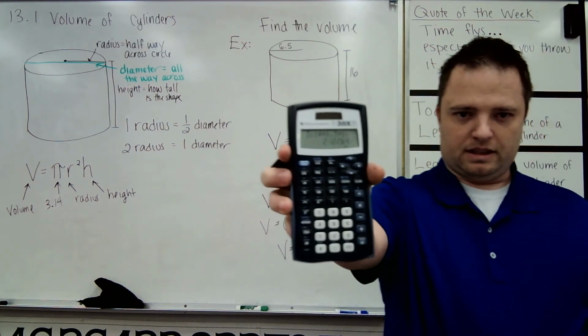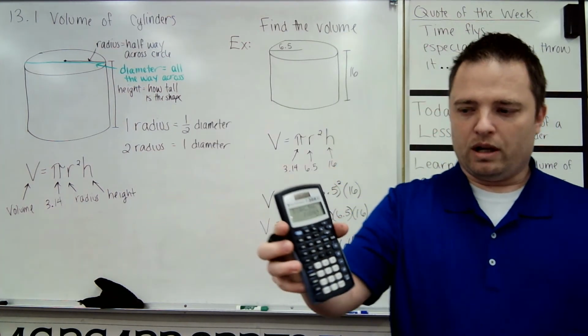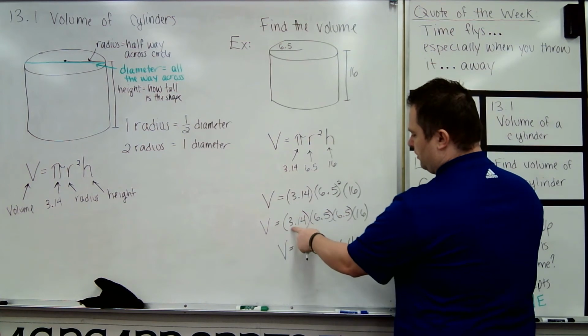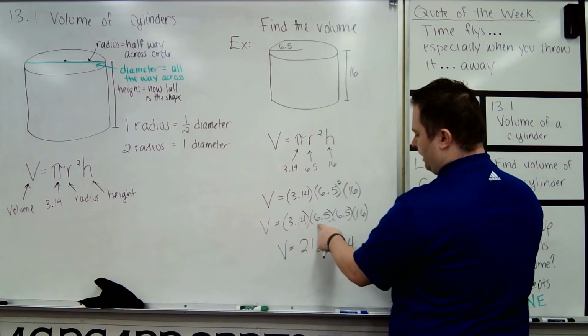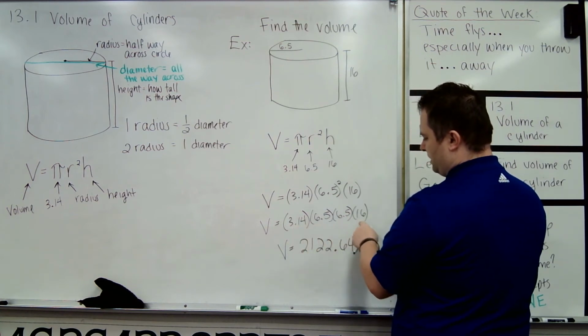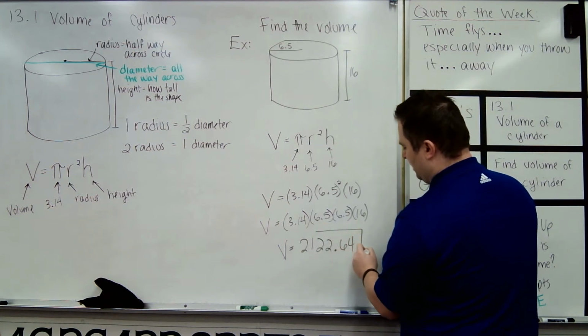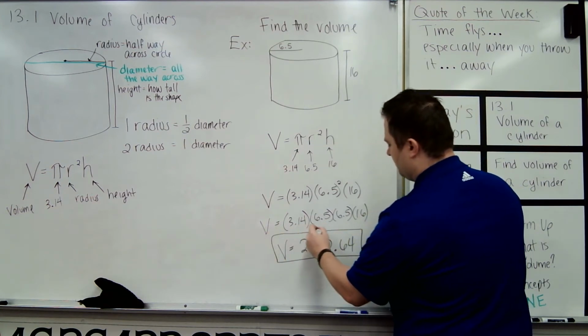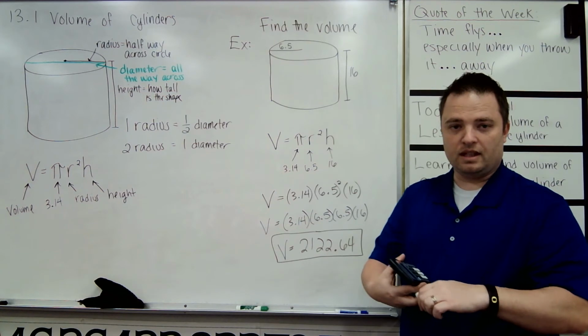If you'll notice, that's what it says on my calculator when I multiplied 3.14 times 6.5 times 6.5 times 16. This is your volume.